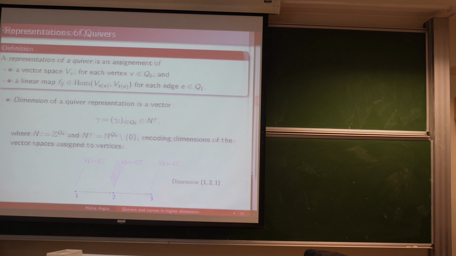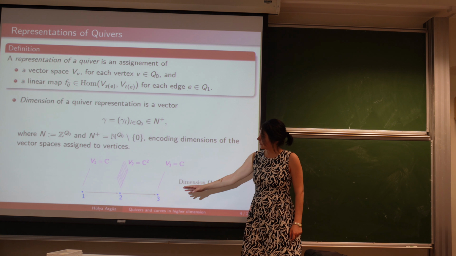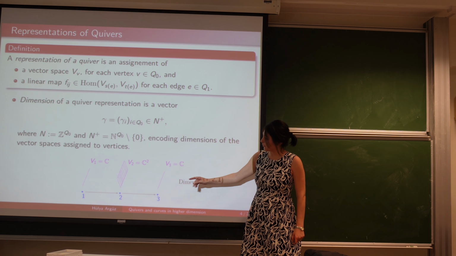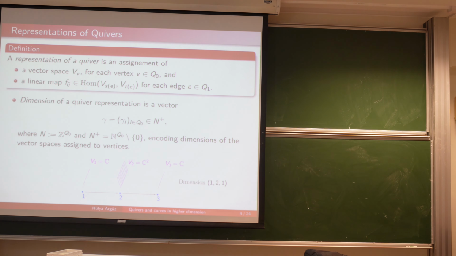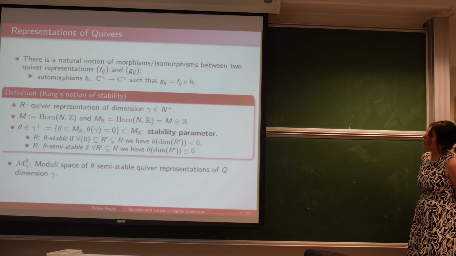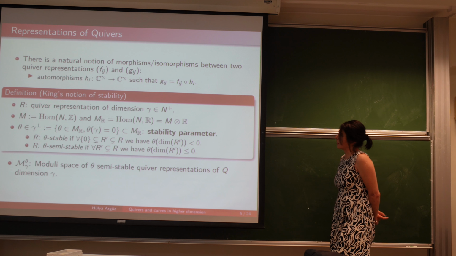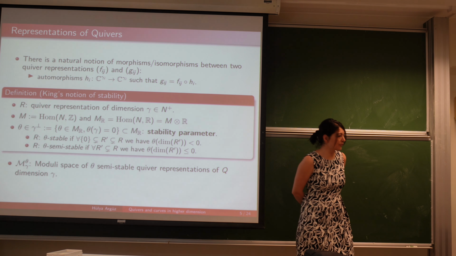You can imagine if you have 2 quiver representations, you can ask to have isomorphisms between them and natural commuting diagrams. So we will look at the moduli space of all quiver representations up to isomorphism, and in addition, we will look at semi-stable ones.